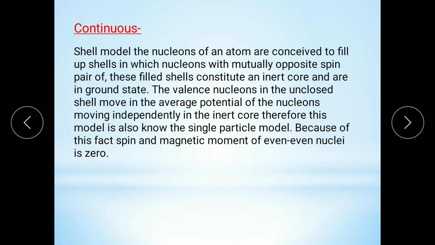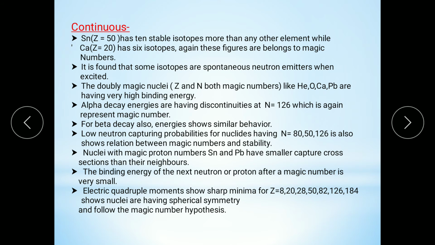Now see here, Sn, Z equal to 50, has 10 stable isotopes, whereas Ca, calcium, Z equal to 20, has 6 isotopes. Again, Z equal to 50 and Z equal to 20 are magic numbers.